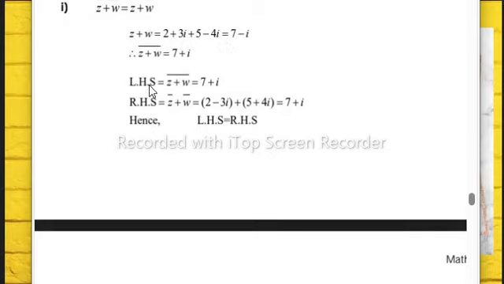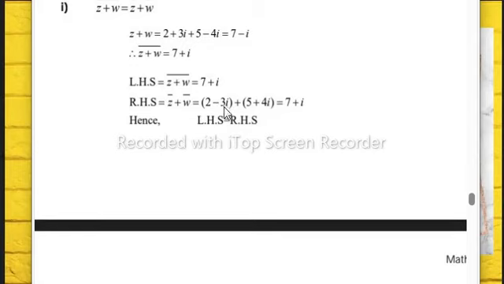Now let's see the left hand side. Our left hand side answer is: conjugate of z plus w is equal to 7 plus iota. Now we move towards the right hand side having two values, z conjugate plus w conjugate. The value of z is 2 plus 3 iota, and the conjugate of z is 2 minus 3 iota.